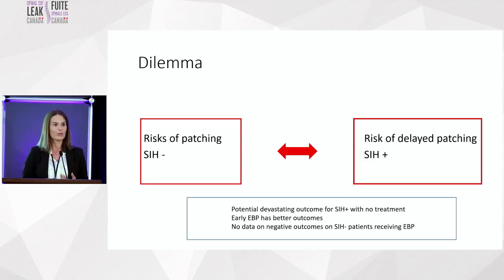We know now that waiting too long with offering blood patches might potentially have a devastating outcome for the patient. We know that early blood patching tends to have better outcomes. And we don't necessarily have good data yet as to what the risk actually is of offering a blood patch to patients that end up being negative for hypotension.